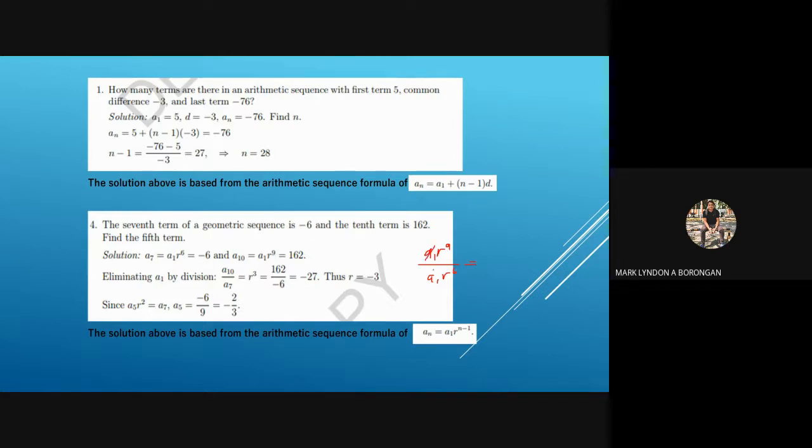The a sub 1 cancels out. Since r to the power of 9 is divided by r to the power of 6, obviously you get r cubed.